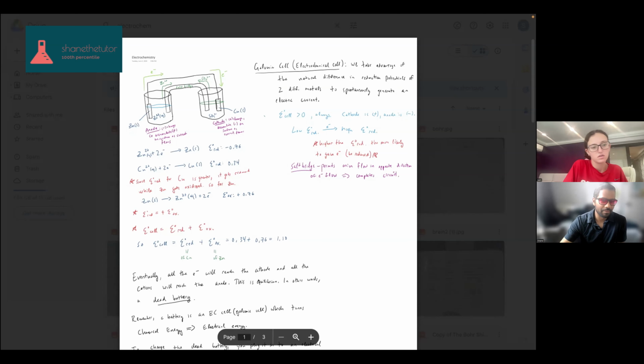So you'll have the cell potential always be positive. The cathode is positive, and the anode is negative.